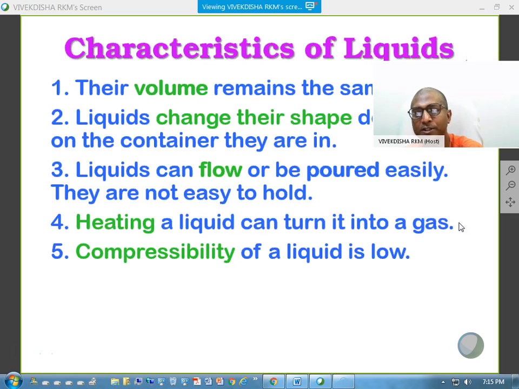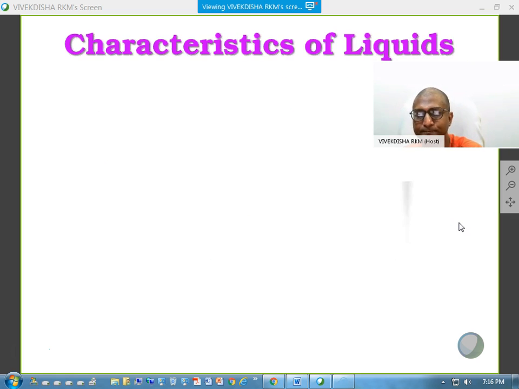So the volume remains the same, and that's why we say liquid has a definite volume. Definite volume is a characteristic of liquid, but definite shape is not. So the first point, their volume remains the same all the time.